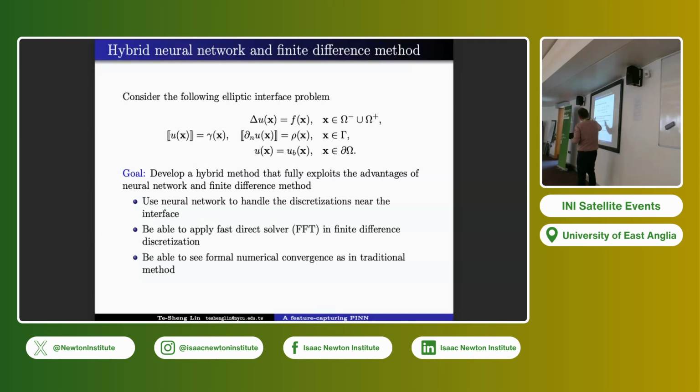The corrections tell you how much you want to correct for the jump discontinuity and the normal derivative jump. So we want to use a neural network to find the corrections and then combine it with the traditional finite difference method.